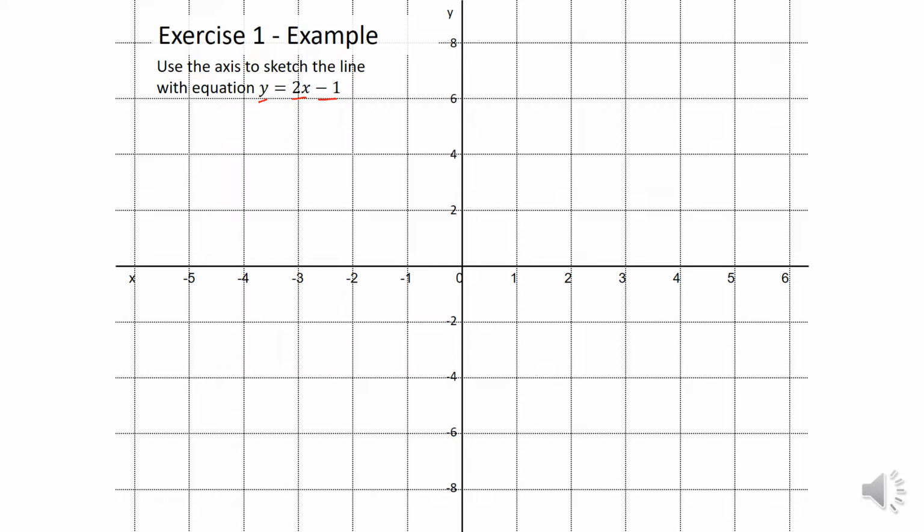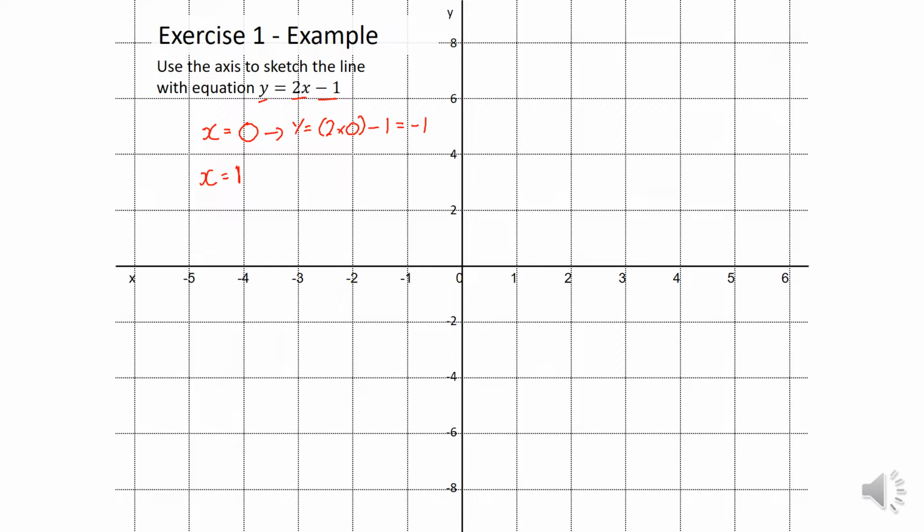What I'm going to do is just pick 2 points on the line, and I'm going to do that by picking two x values. Let's pick nice easy ones: x equals 0 and x equals 1. So when x equals 0, I substitute x equals 0 into this. y equals 2 times 0 minus 1. 2 times 0 is just 0, so we've got 0 minus 1, so y equals minus 1.